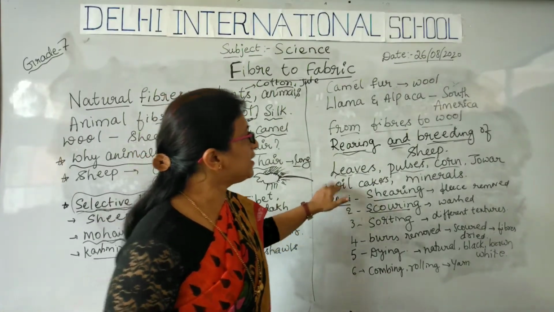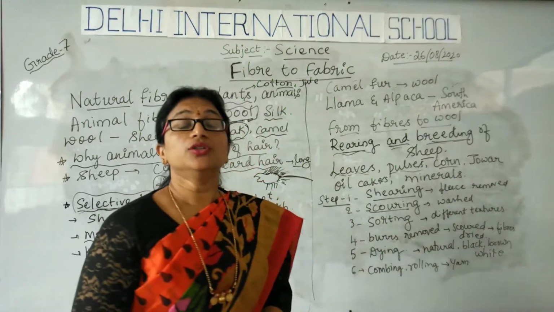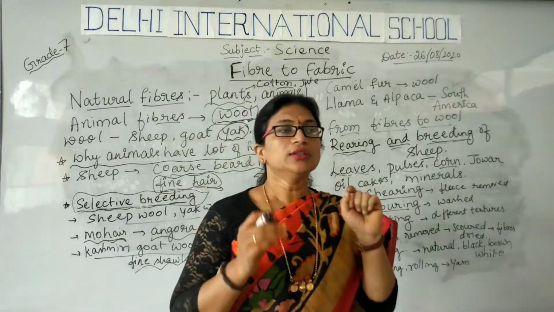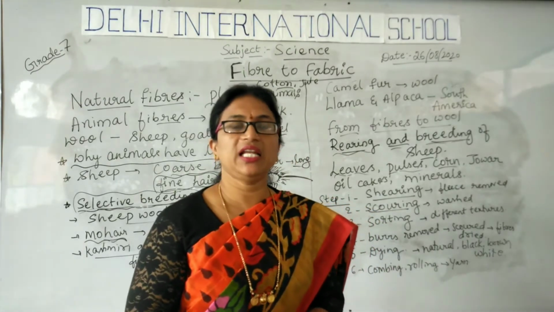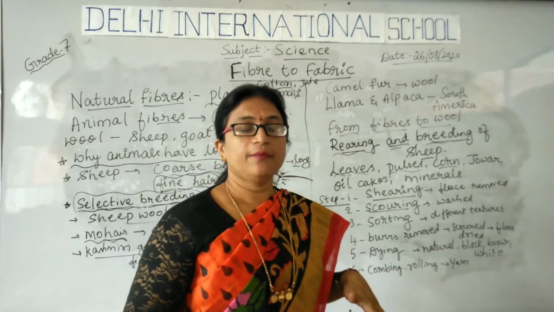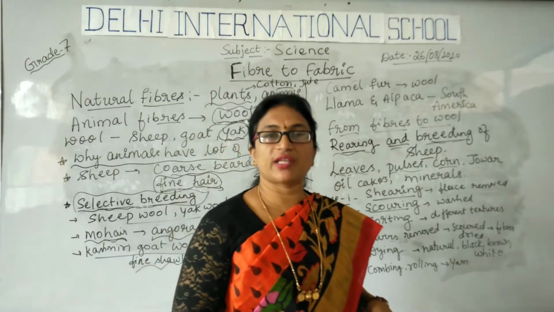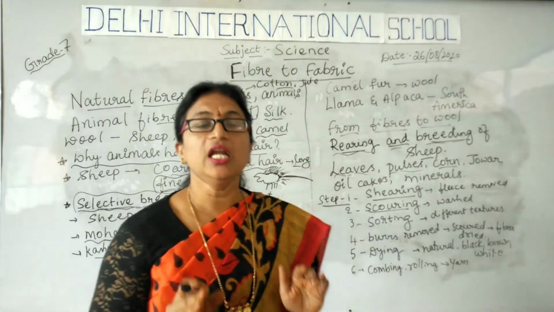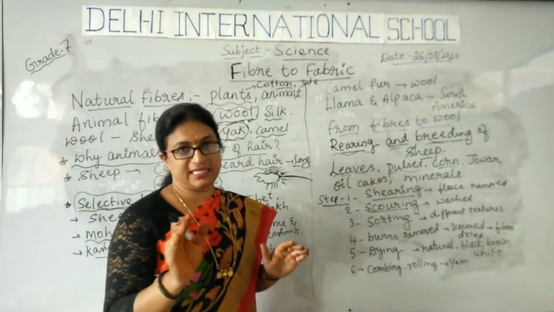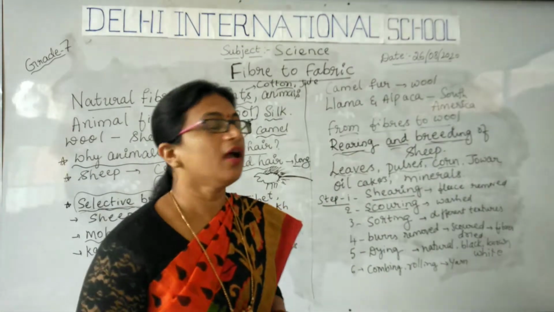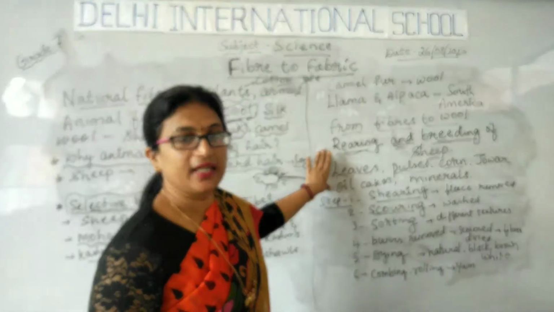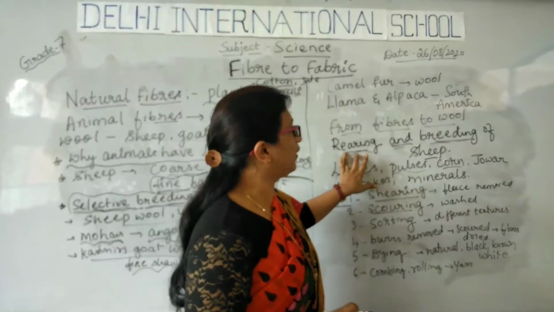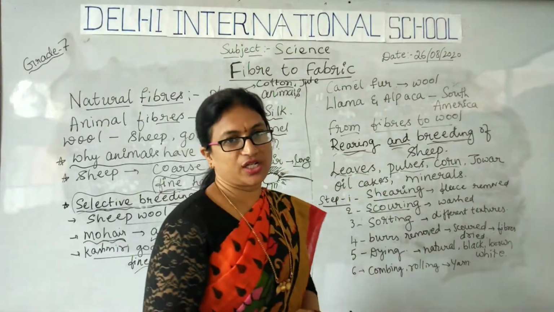We have to keep them clean. The shed which is provided for the animals should be clean and tidy in order to prevent diseases and infections. These are some steps we have to take in the rearing and breeding of sheep.